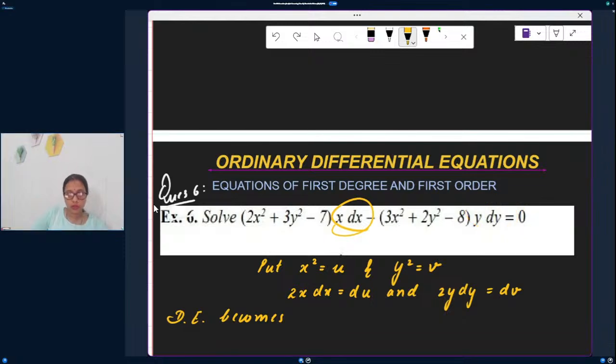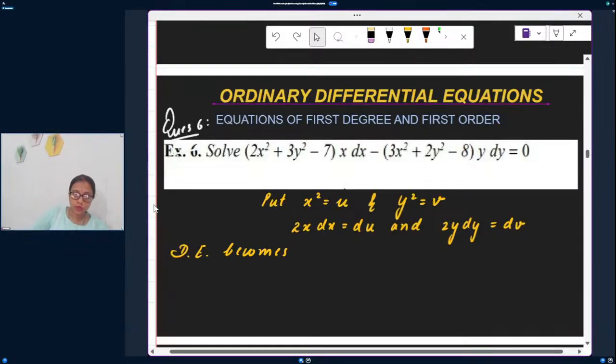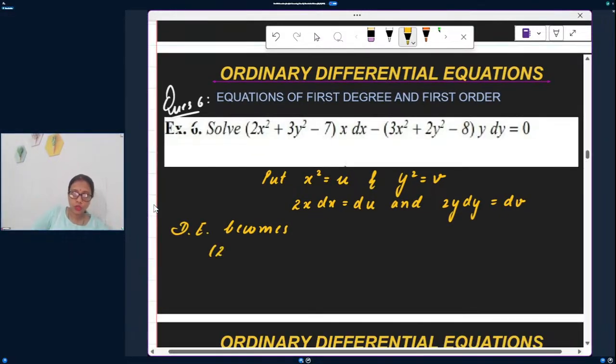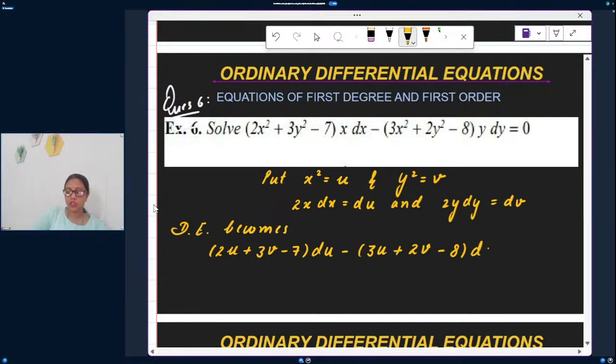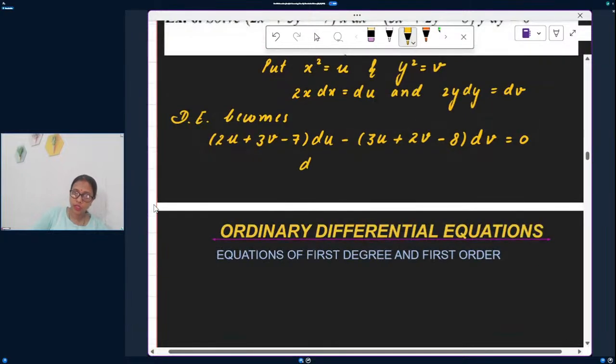So it becomes 2x square, so 2u plus 3v minus 7 du minus 3u plus 2v minus 8 dv is equals to 0. Okay. So what is du by dv?